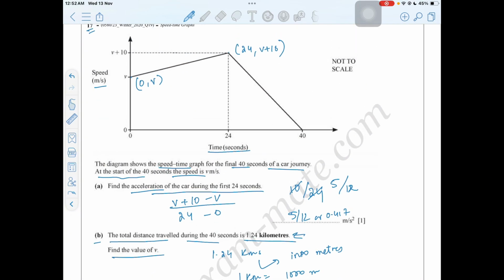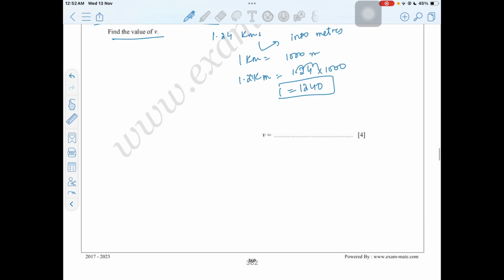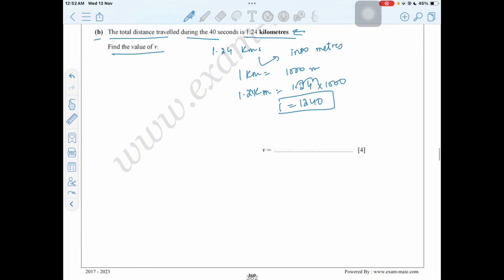So we have two things here. We have this trapezium and we have this triangle, right? So let's just break this down. This is area of trapezium plus area of triangle, right?